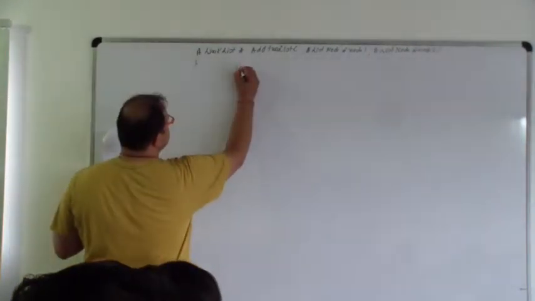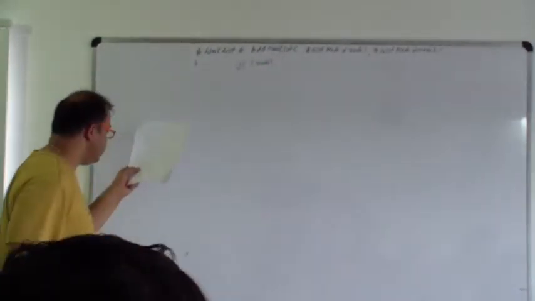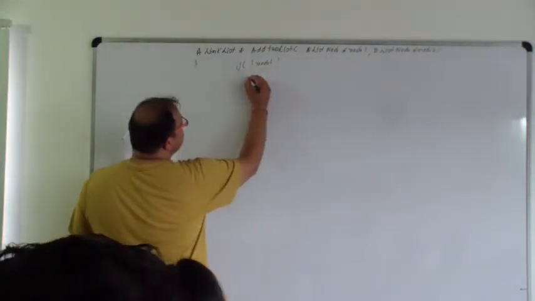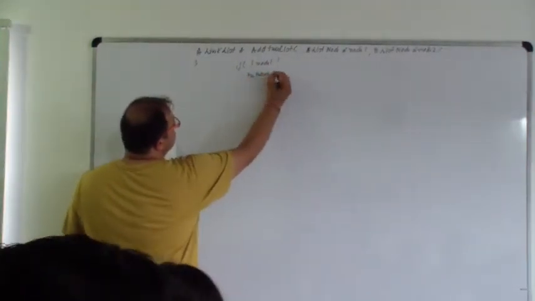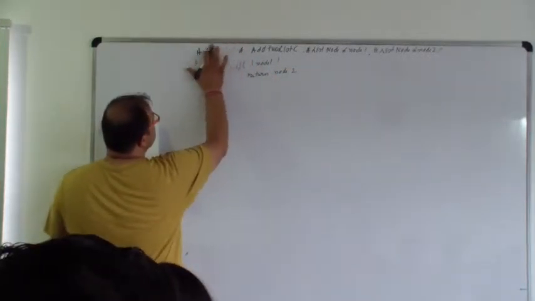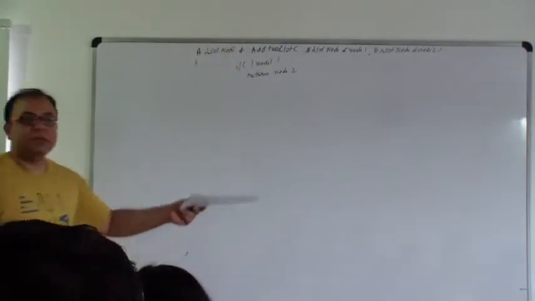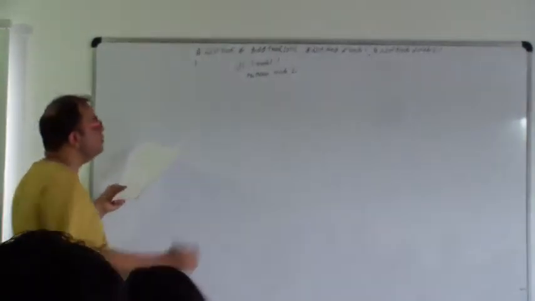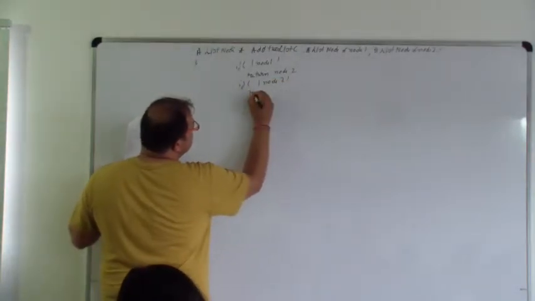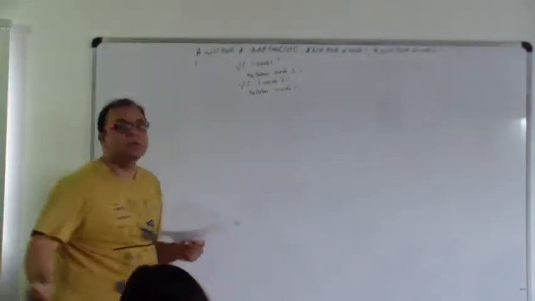First we'll check if not node 1, we can just say return node 2. If not node 2, return node 1.